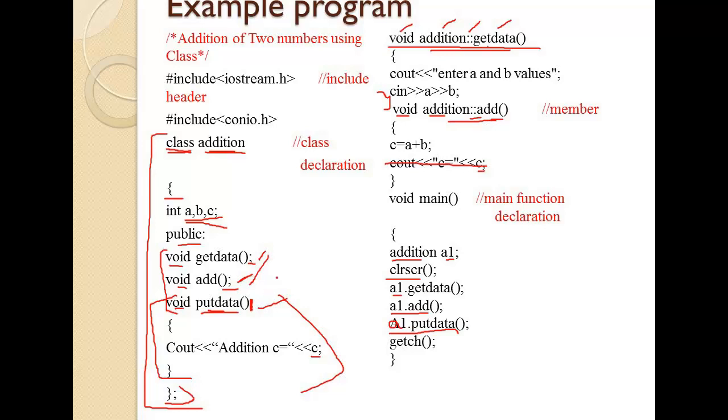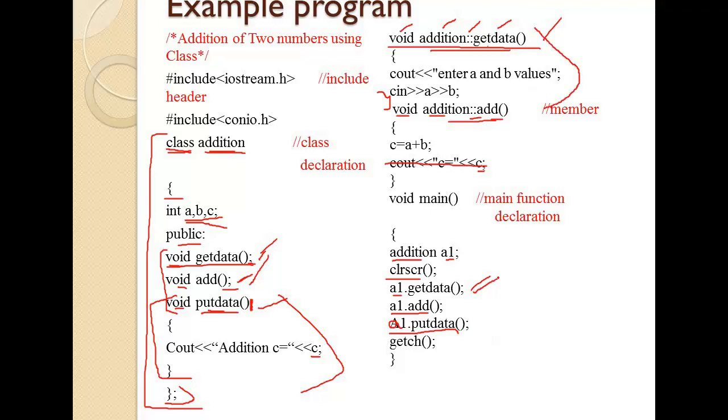Yes, in function definition, actually we have three concepts, right? One is function declaration, function definition, and function call. If you take this get data member function, this line is the function declaration, this block is the function definition, and this block is the function call. So we have three concepts.